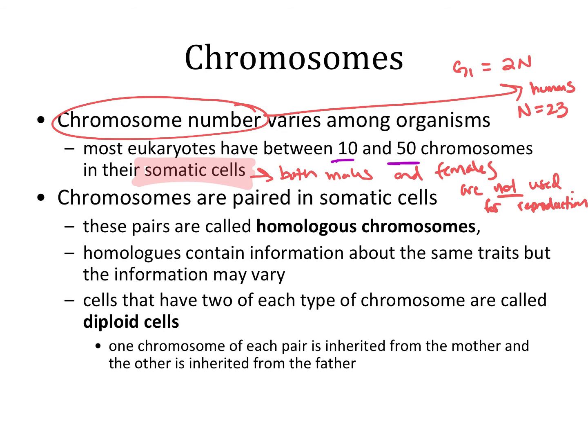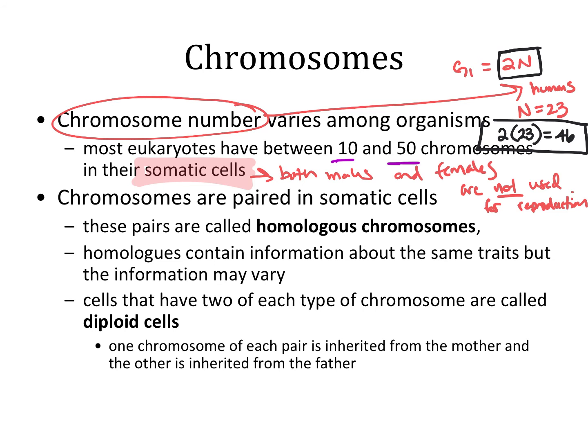But when we're in G1, we are not N. What are we? We're 2N. This is a really basic algebraic formula, right? So 2, what's N again? 23. What's 2 times 23? 46. That's how we get the number 46. That's how we know how many chromosomes we have.